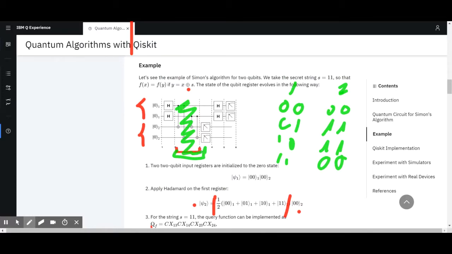So what this is doing is exploiting the fact that when you measure a part of your system, you can infer what else you have left because of the effects this is having.